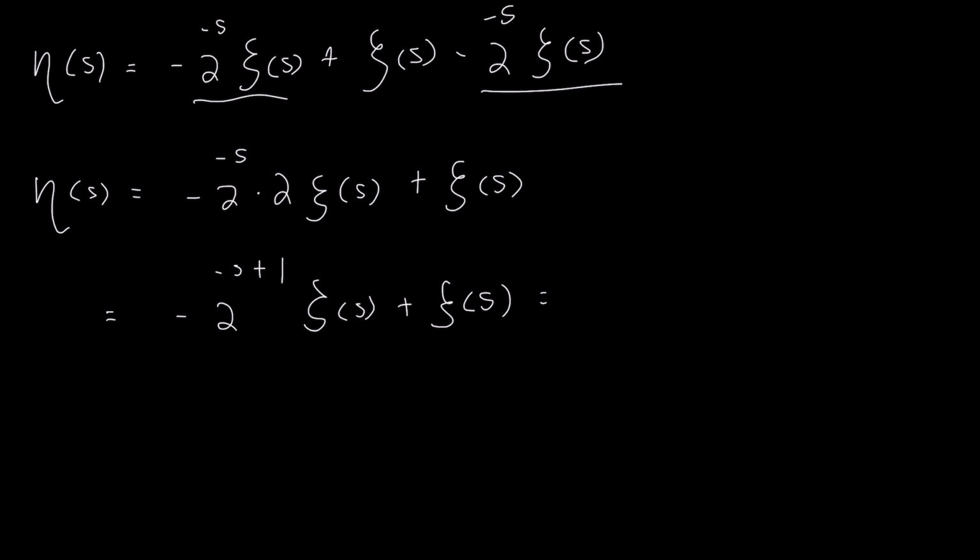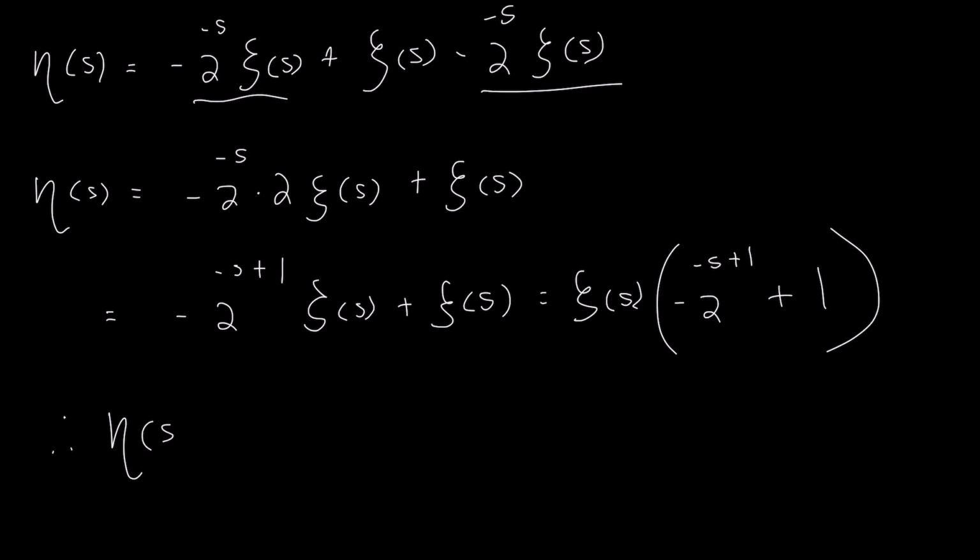Factoring out a zeta s term, we have zeta s times negative 2 to the negative s plus 1 and then a plus 1. So now we could say that therefore eta s is going to be 1 minus 2 to the 1 minus s times zeta s. And that is the identity we want to show.